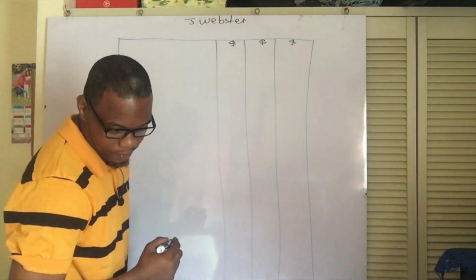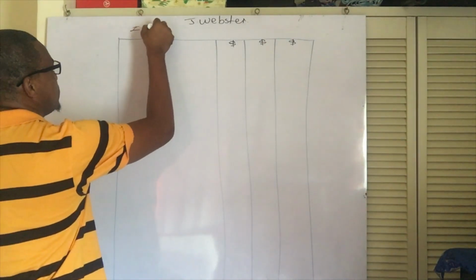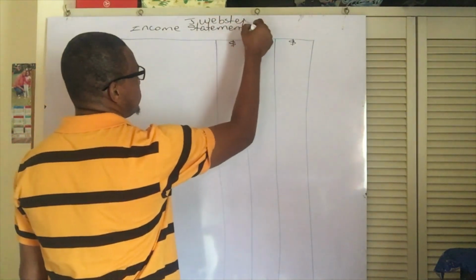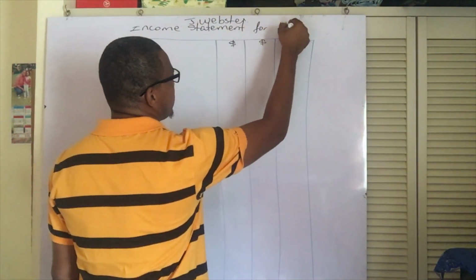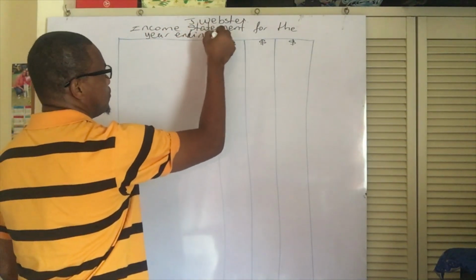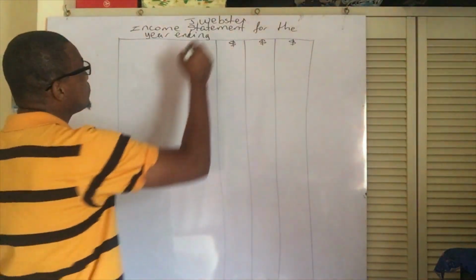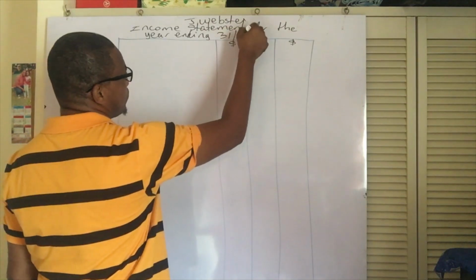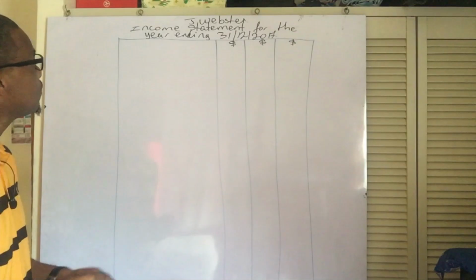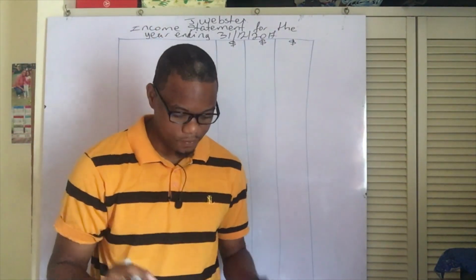J. Webster income statement for the year ending 31st of December 2017. All right. So that's your heading, it is very important. Ensure to write up a heading. And now we're going to begin.